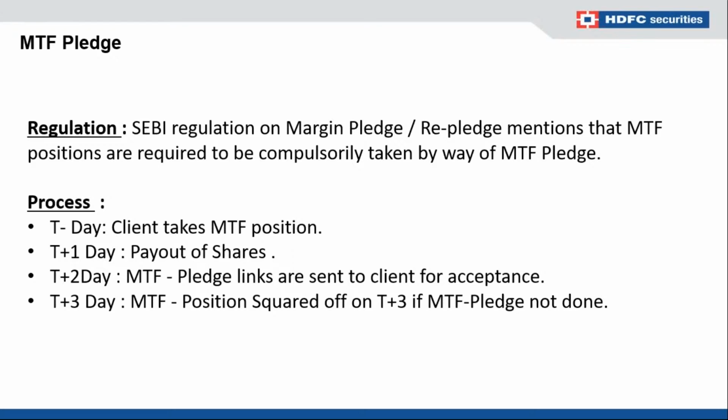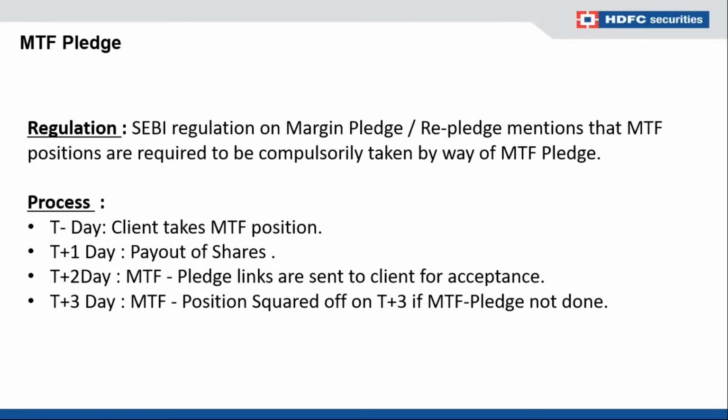That means 2,50,000 minus 75,000. You only have to pay the amount which I have not already used. So by this way you can also do the convert to delivery.